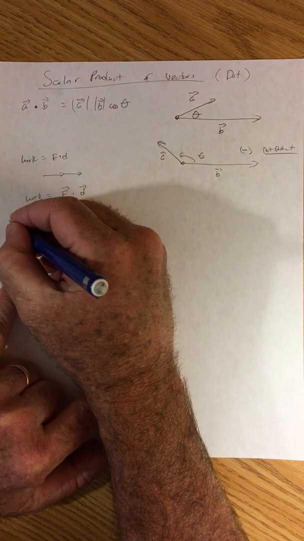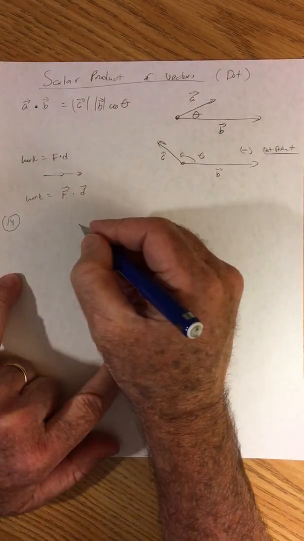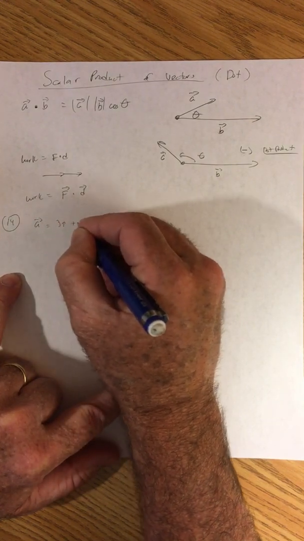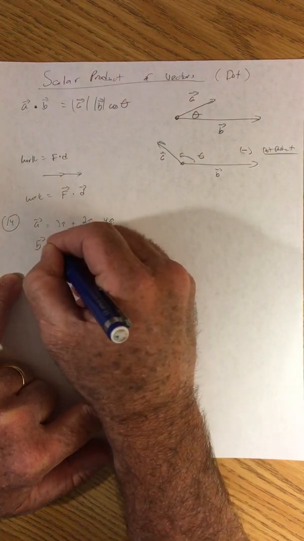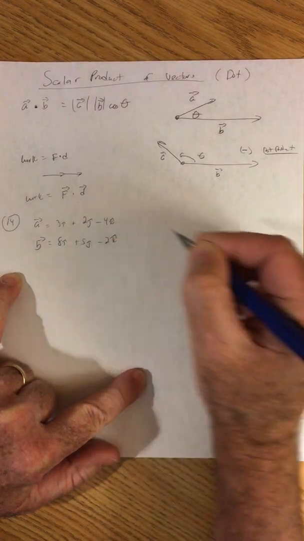All right, now I'm going to do example 14. Now the example says find the angle between these two vectors. Okay.